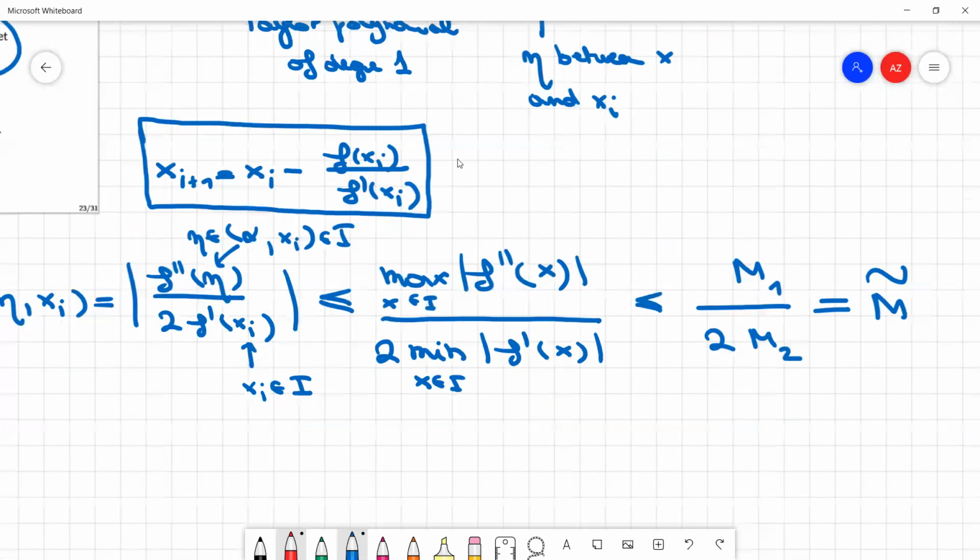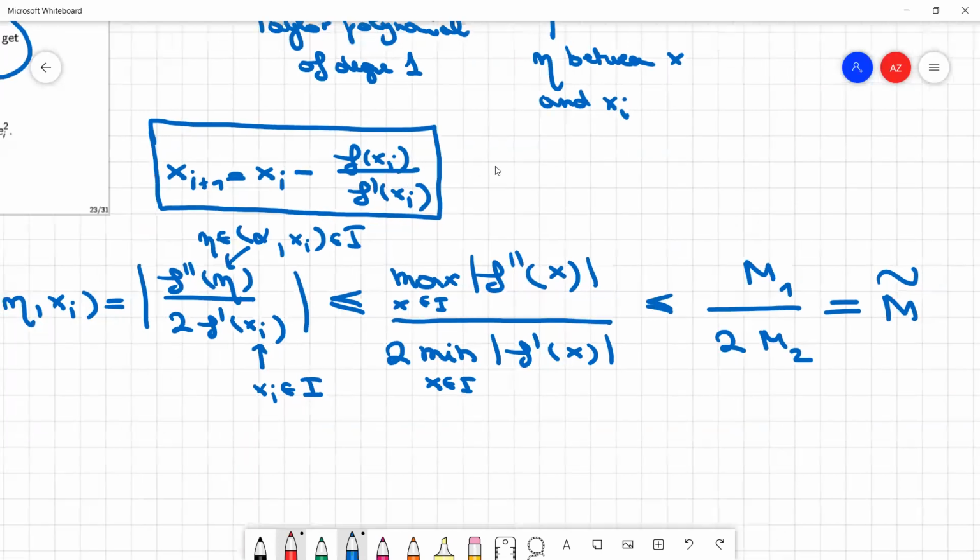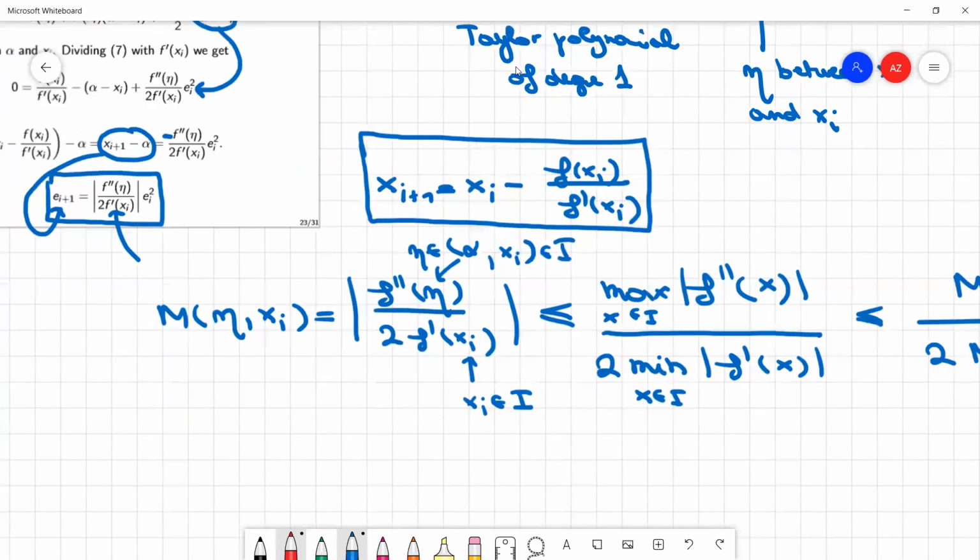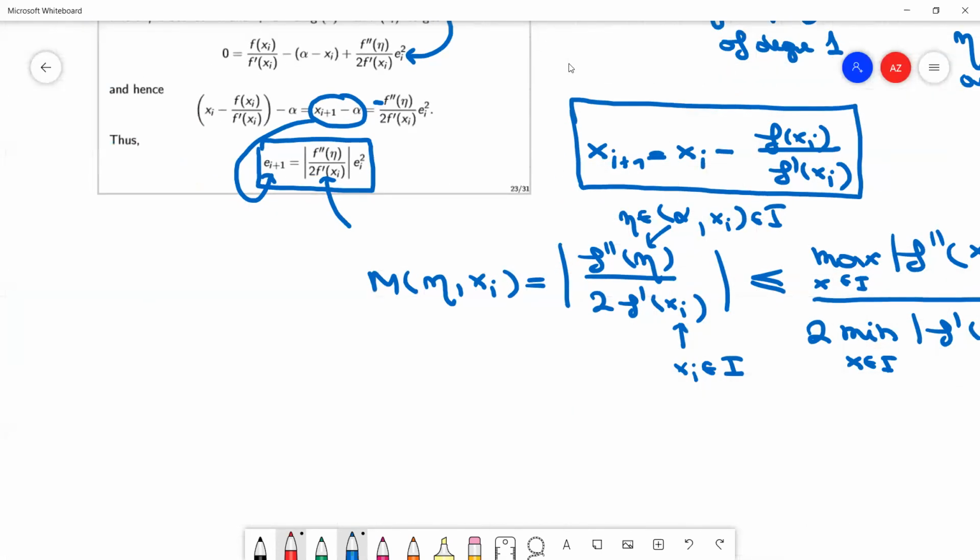This is then some constant m tilde. And now if we take, so what we know, E_{i+1} is smaller or equal to some constant m1 over 2 m2 times E_i squared.